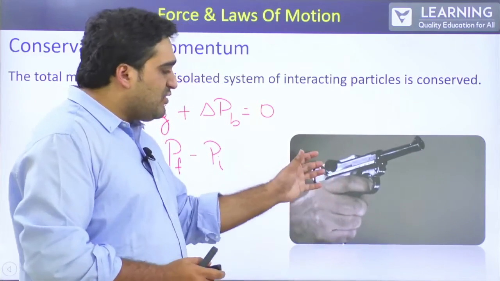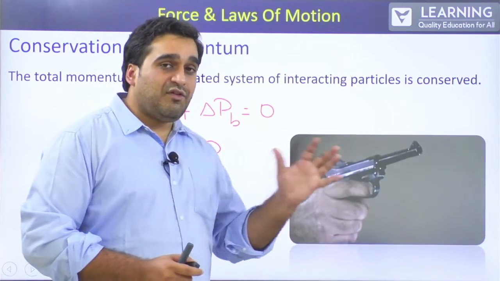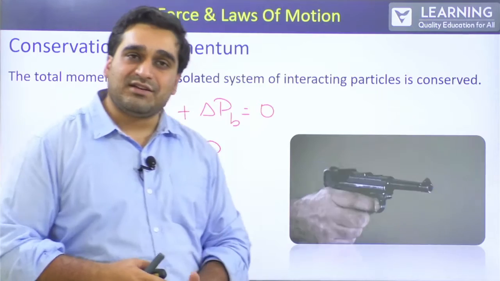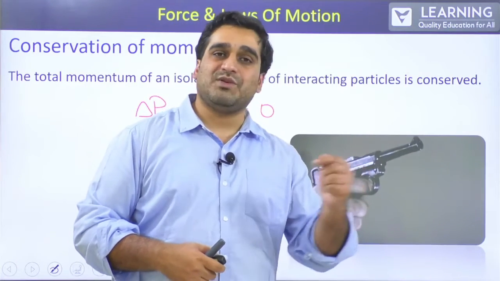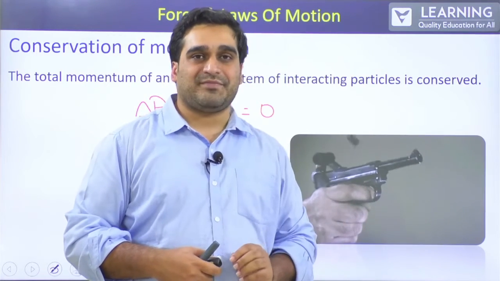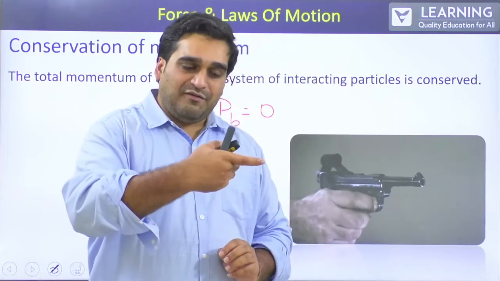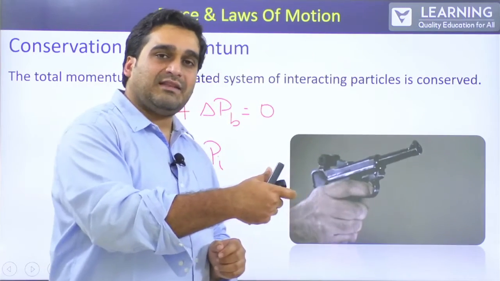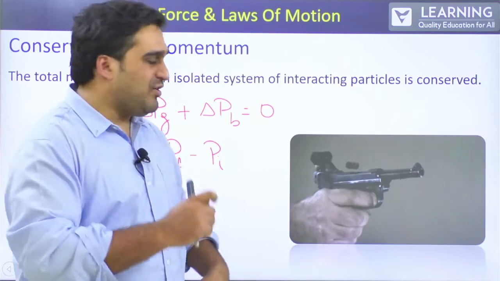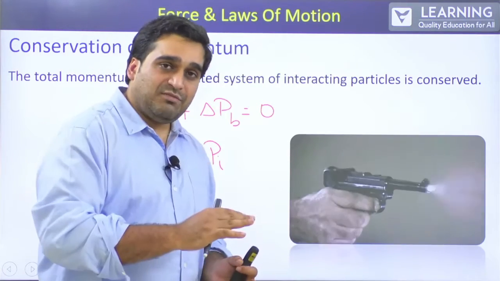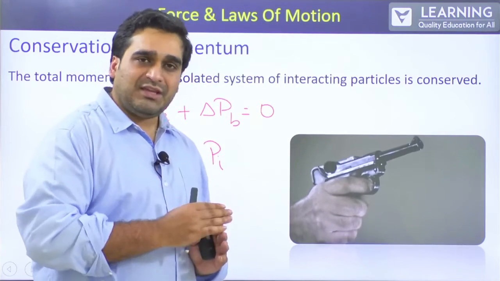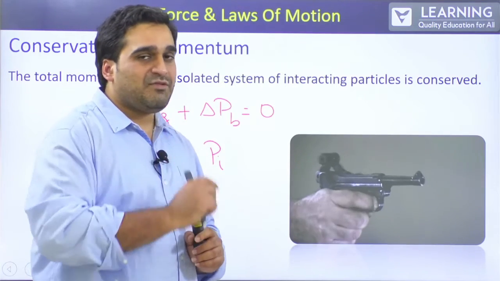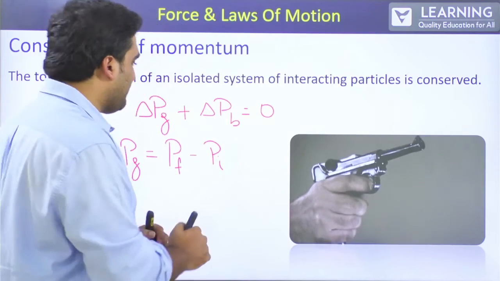The initial momentum of the gun, before firing the bullet, before pulling the trigger, we observe that the gun is at rest and also the bullet is stationary within the barrel. But only after pulling the trigger, what happens? The bullet is set into motion and the pistol experiences a recoil. So the initial momentum will be 0 for both the cases, for the bullet as well as for the pistol. But the final momentum is not equal to 0.